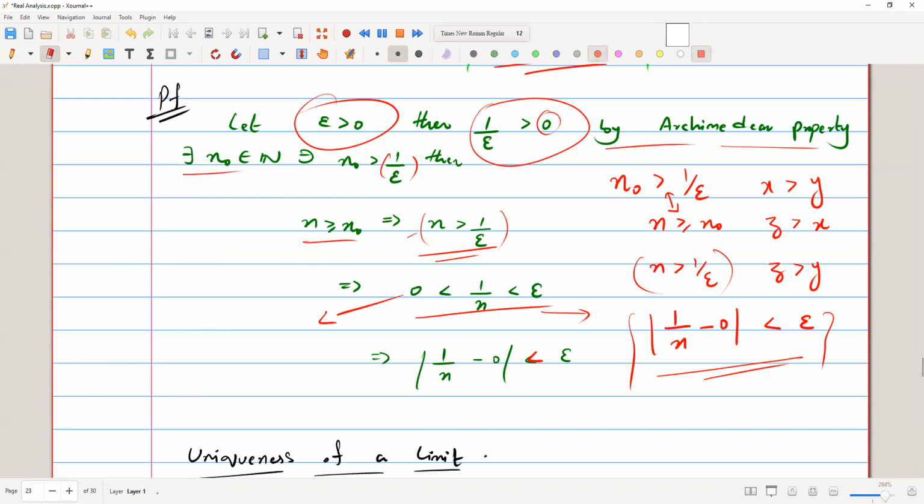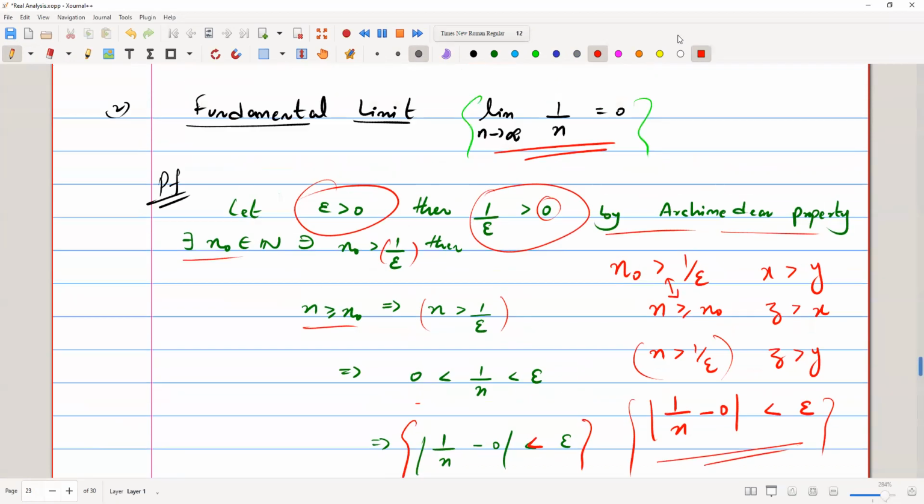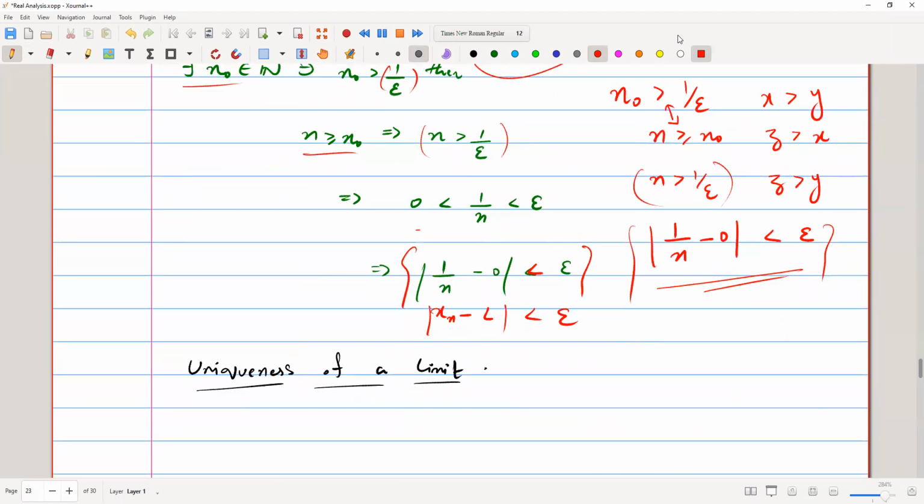We are done here: the modulus of 1 over n minus 0 is less than epsilon. So this was the result that we wanted to show, that the modulus of xn minus L is less than epsilon. So it's proved. It's called the fundamental limit.